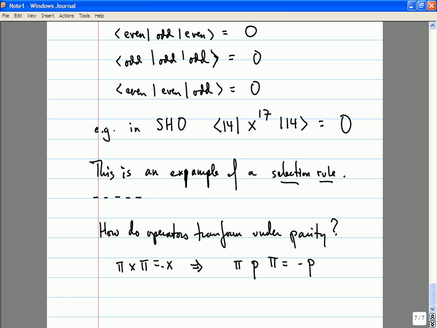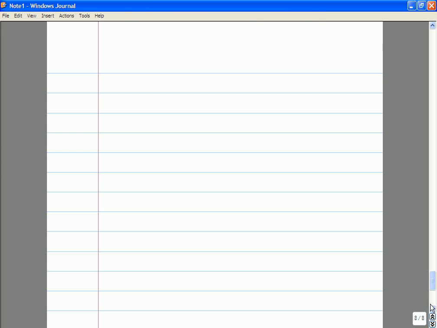And for vectors, if you consider an object moving in 3 dimensions, you'll find similarly that the vectors will pick up a minus sign when we perform this parity operation.